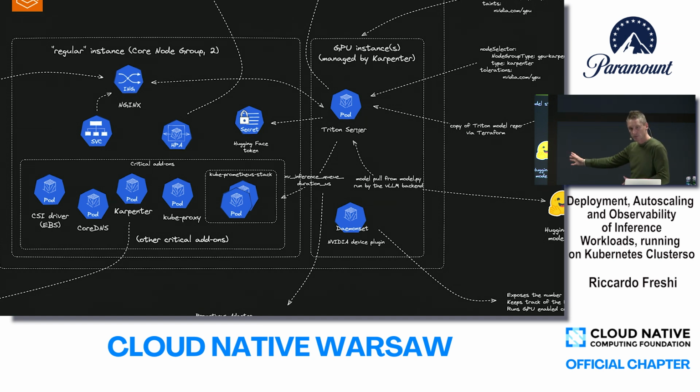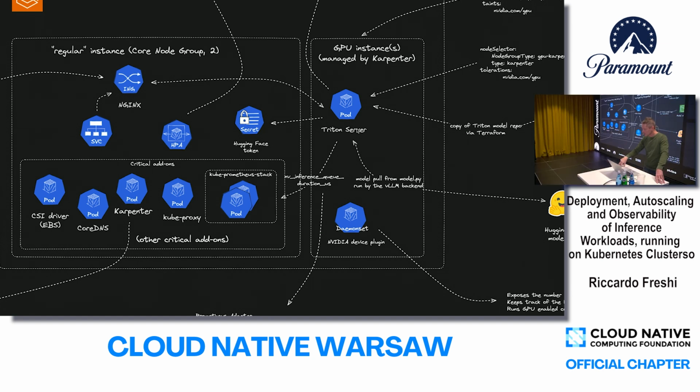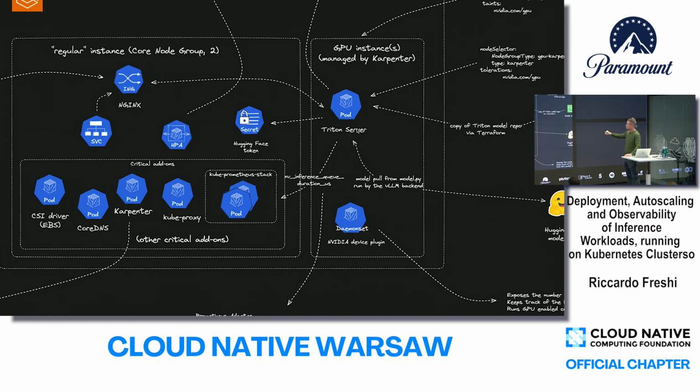It only exists when you launch a new workload that requires some conditions, and we will see. But there is no capacity, so Carpenter will see that it is pending and will be creating these nodes.